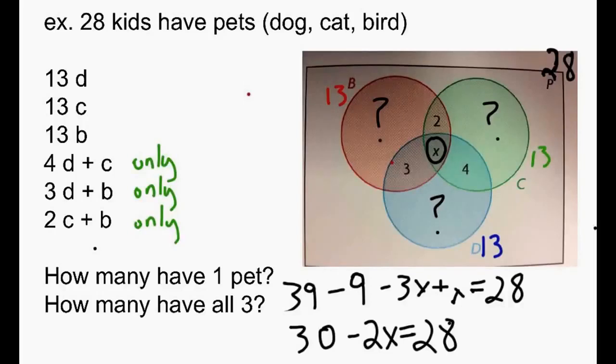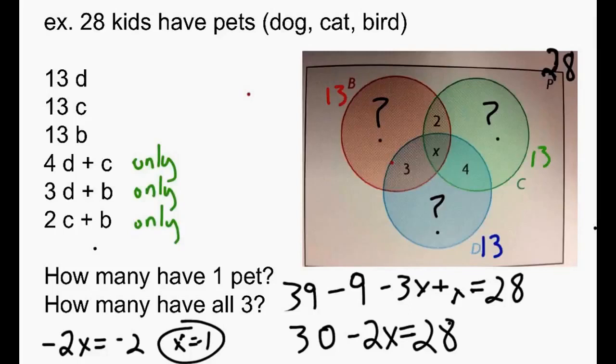So we get minus 2x equals negative 2. If we bring the 30 over, 28 minus 30 is negative 2. Now we can divide both sides by negative 2. We get x equals 1. So all that work just to figure out that we only have a 1 for our overlap.